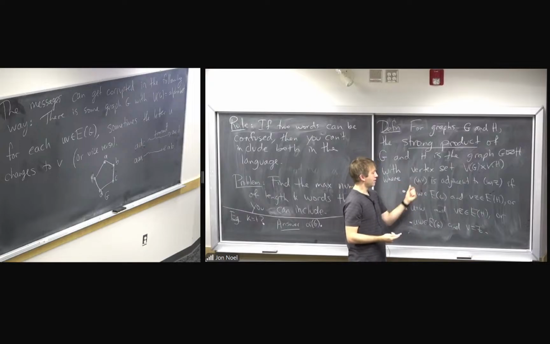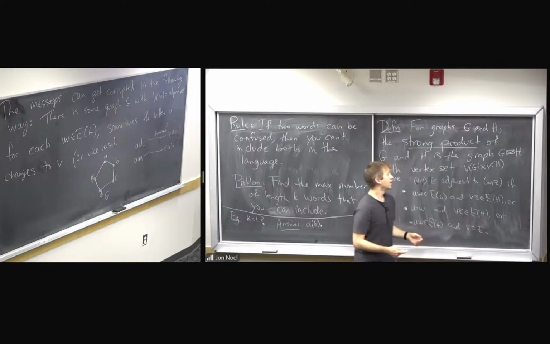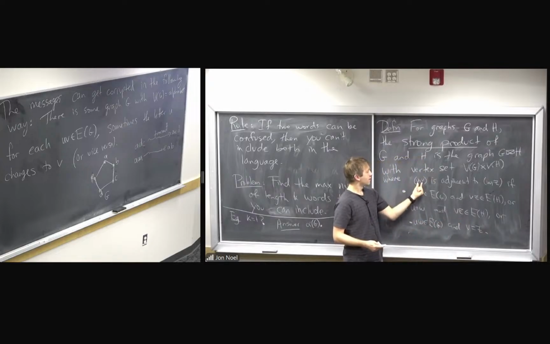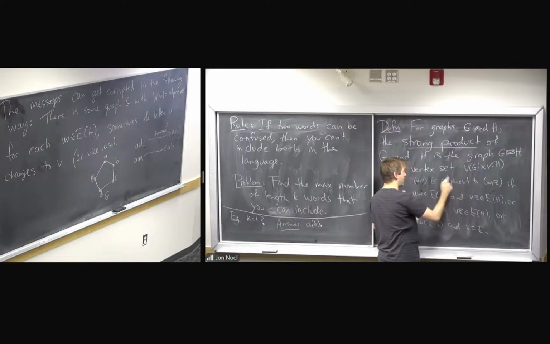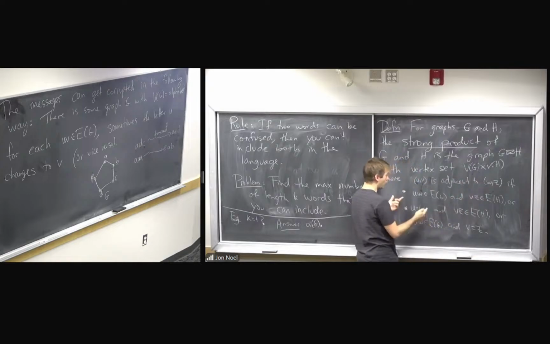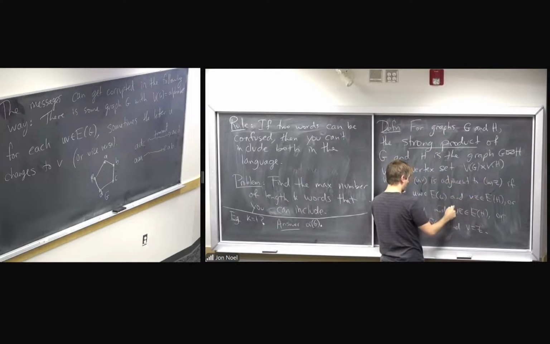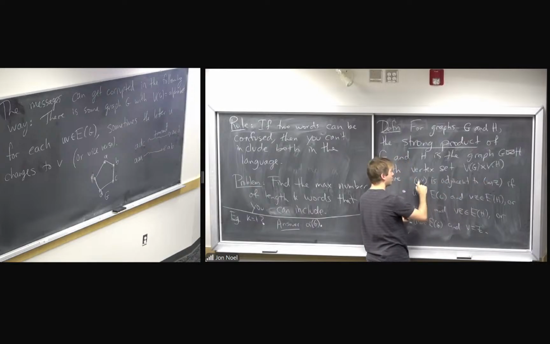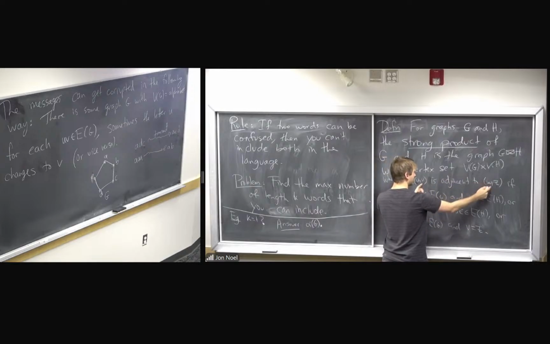So a pair of vertices of G, so let's say I did G cross G, the strong product of G with itself. This would be like a word of length 2, and we're saying they're adjacent if the first letter of this one can be confused with that one, and this one can be confused with that one, or if the first letter here can be confused with that one, but these two letters are the same and these ones can be confused, or these ones can be confused and these ones are the same.